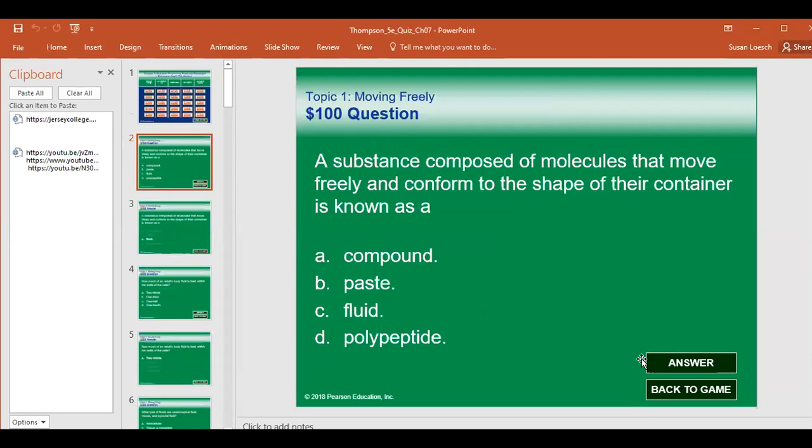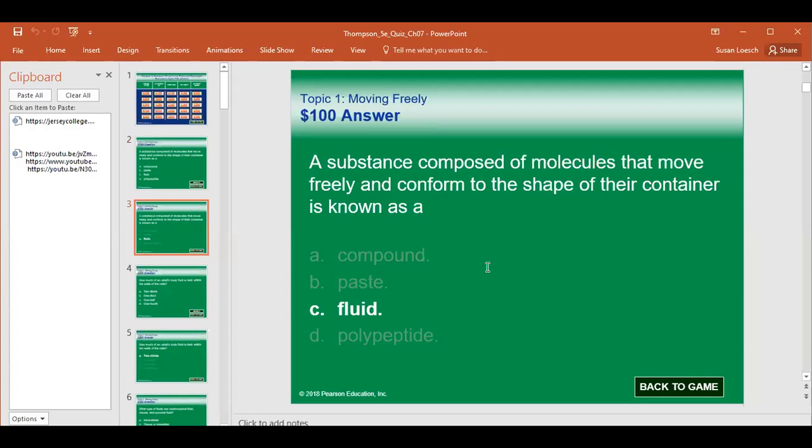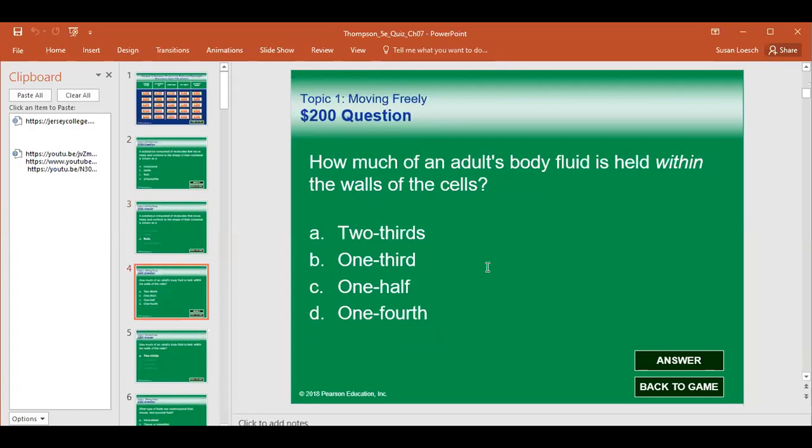Fluid. Good. How much of an adult's body is held within the walls of the cells? A. Two-thirds? Good. Yeah.